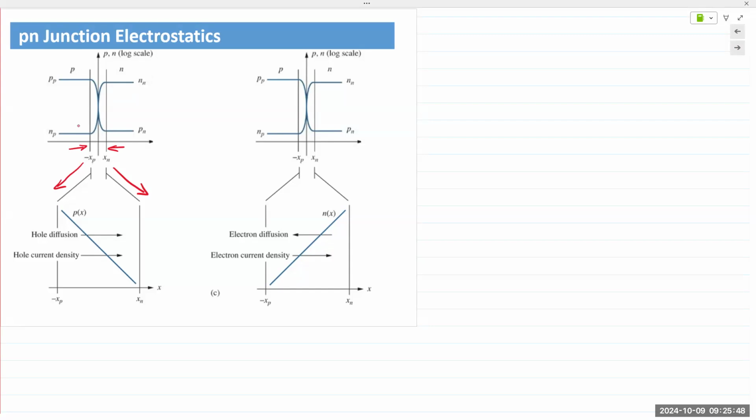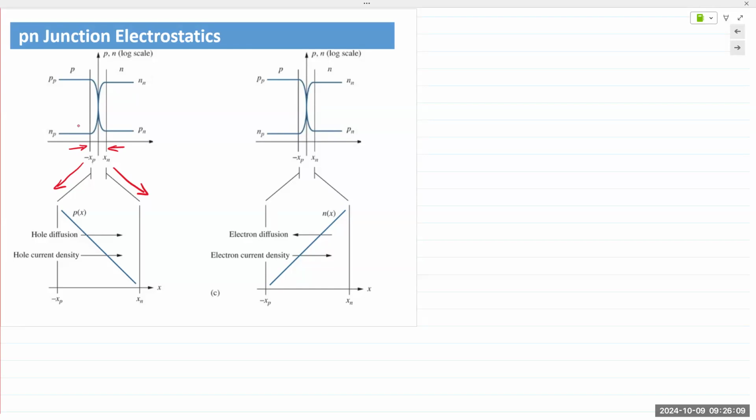So the number of holes is higher on the P side, on the left side, and the concentration is slowly reducing. There is a gradient in the charge concentration.